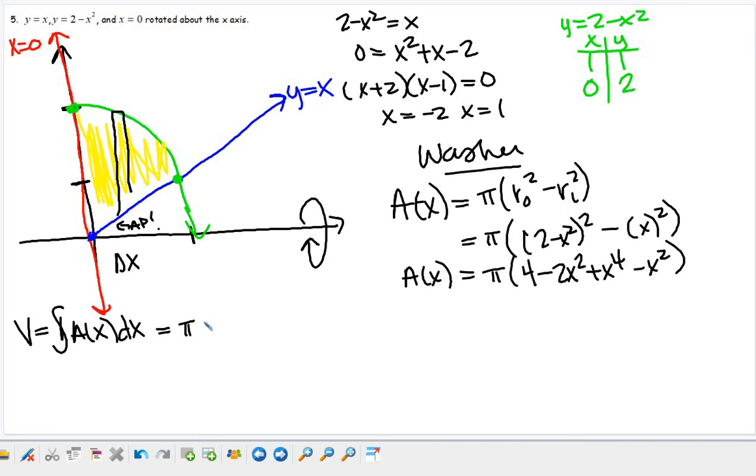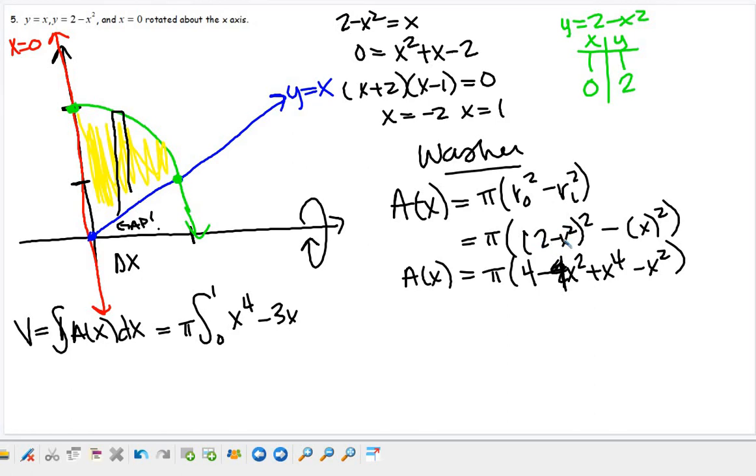So I have pi times, so if I'm in terms of x, then my bounds have to be in terms of x, which means I'm going from 0 to 1. And combine like terms, I'm going to have x to the 4th minus 3x. Oh, I didn't. This should be 4.